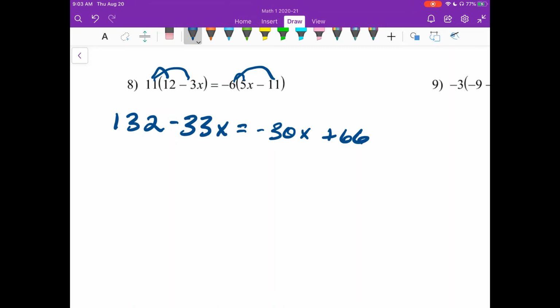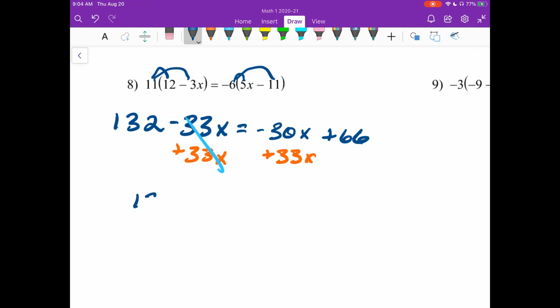All right, now deciding where I want to put my variable. I've got a negative 33 on the left, a negative 30 on the right. You might not see right away, but it's going to give you a positive on the right if you put the variable on the right. Again, it doesn't matter where you put it. Whenever I add 33 to both sides, they cancel on the left.